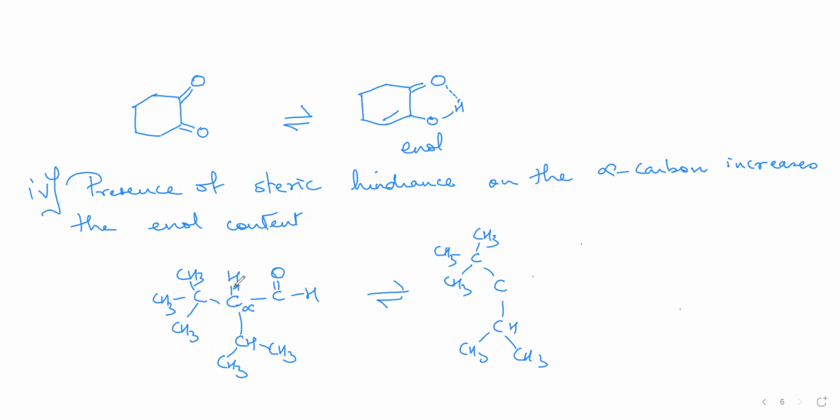This H plus will come out, a pi bond will form here, and this will migrate here. Okay. Now why would this prefer the enol over the keto form? Disha, tertiary butyl group is the bulkiest group.